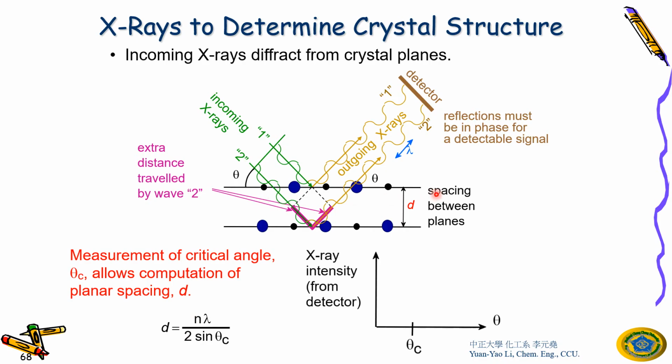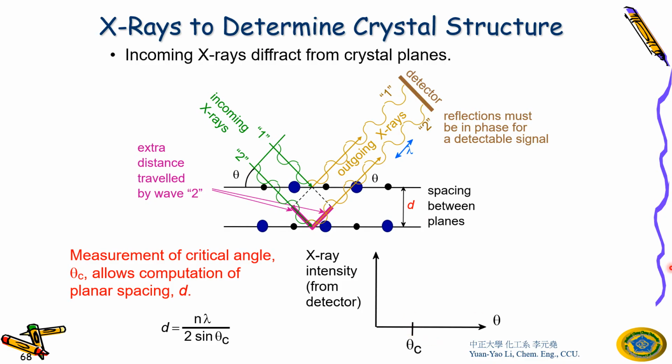Okay, so if you have a detector here and you have a theta here, this is the plot. The plot has theta on the x-axis, and then X-ray intensity from the detector. So you want to know if it's constructive interference, and this is theta c here.